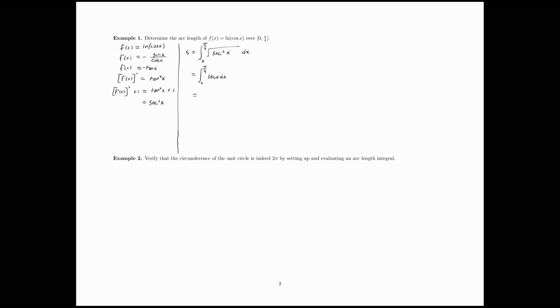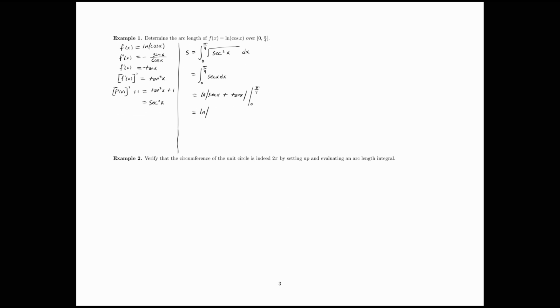You do not have to rederive that from scratch. You can look this up in a table, back of your book, your notes, online, whatever. This should be the natural log absolute value of secant x plus tangent x between 0 and pi over 4.